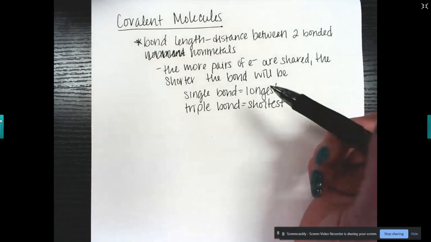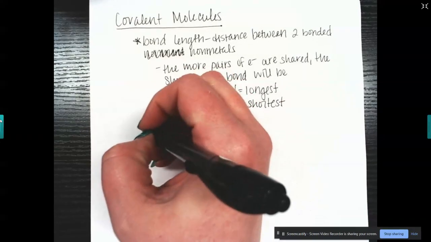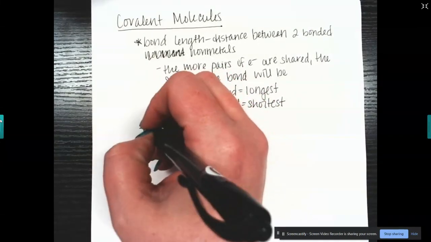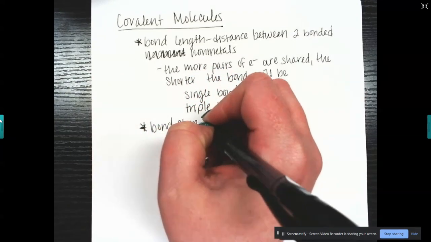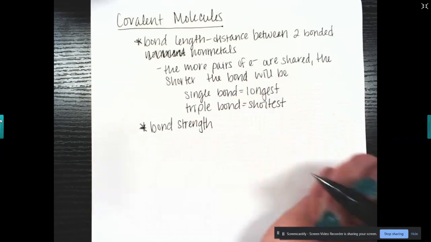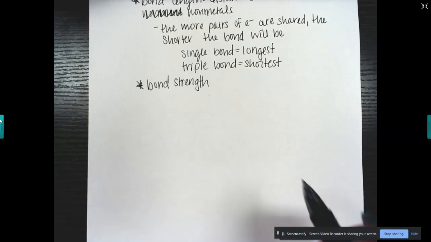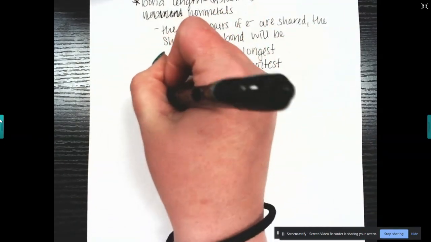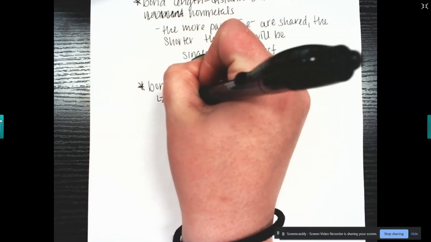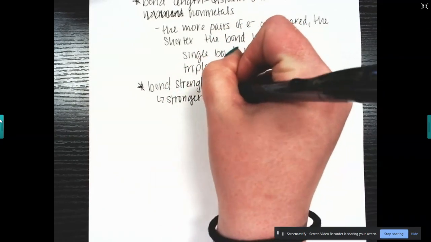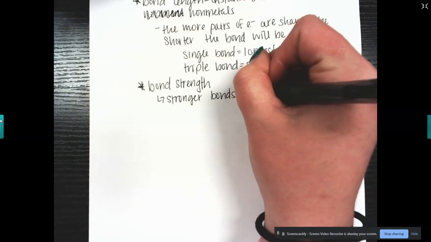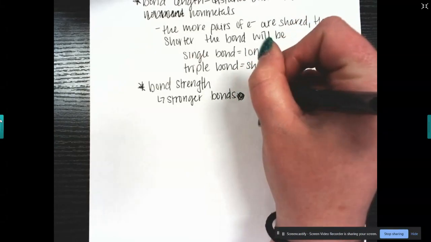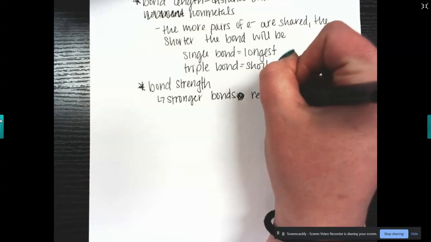Okay, the other thing, and it's kind of related to that, that we look at with covalent molecules is the bond strength. And the reason that that's important is that the stronger the bond, the more energy is required to break it, which kind of makes sense.